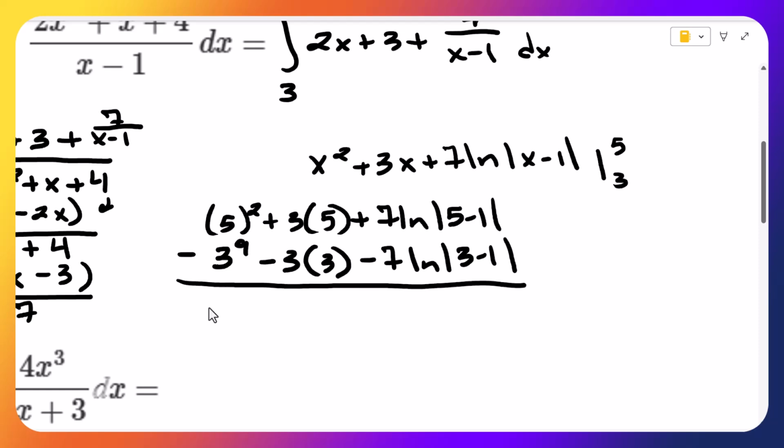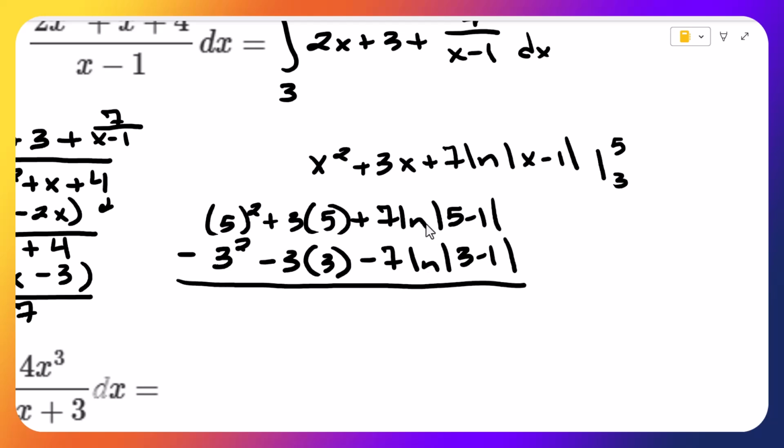That's going to give us 5 squared is 25. Why did I write a 9 there? That should be a 2. I think I was thinking ahead. 3 squared is 9, so I put an exponent of 9. 25 minus 9 is 16. 15 minus 9 is 6.